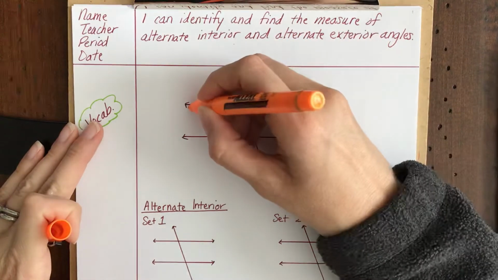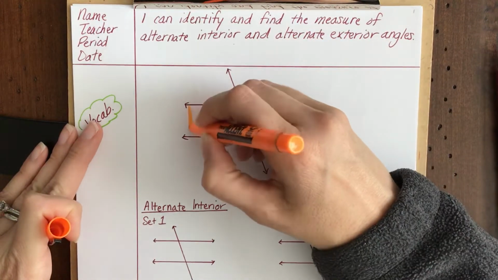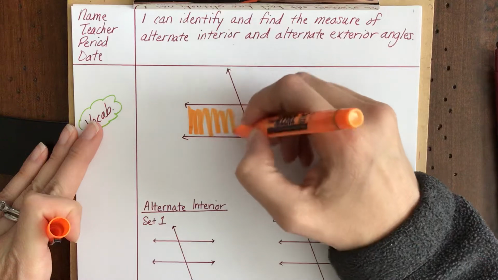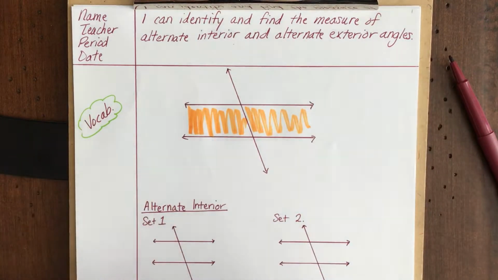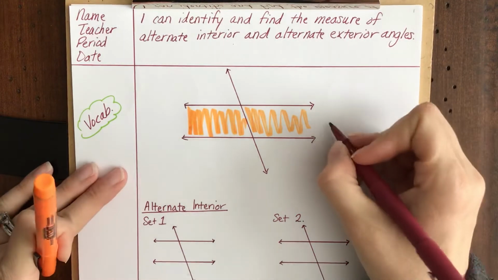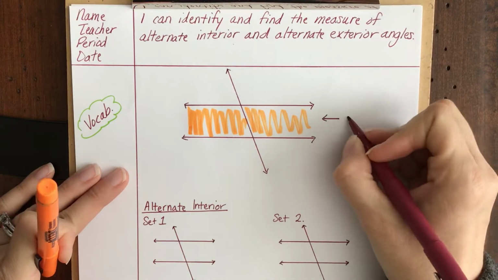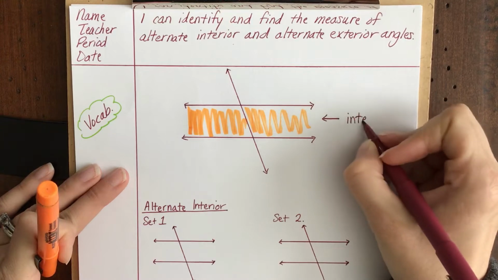So we consider all this stuff in between the parallel lines to be interior. Interior, you think inside. So this is our interior.